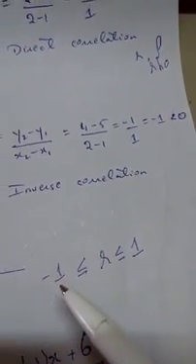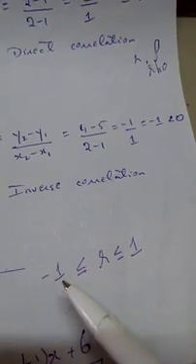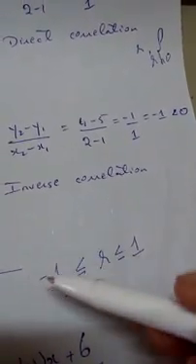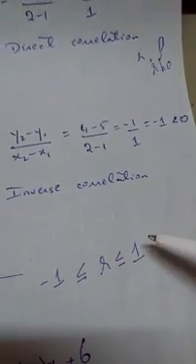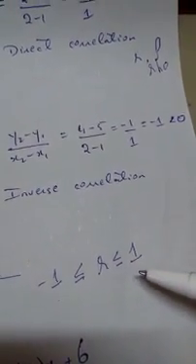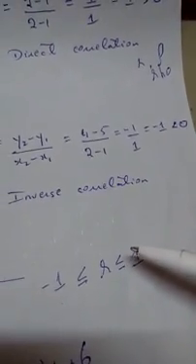So -1 represents a strong negative correlation, representing the inverse proportionality between the two quantities, and if it comes out to be 1, then it is representing a strong direct correlation between the two quantities.